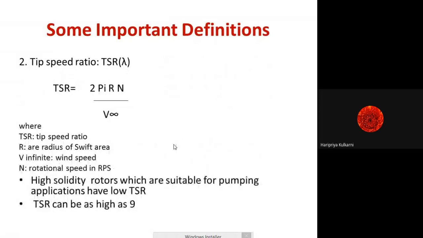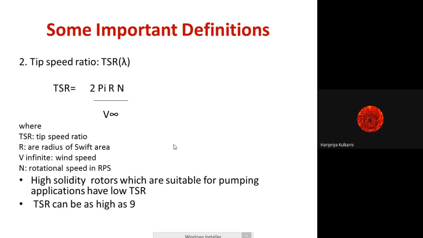Now the second definition is the tip speed ratio, TSR, which is denoted by lambda. It is equal to 2πRn upon V infinity, where V infinity is the wind speed, whatever wind speed we are getting. So the higher the wind speed, the lower the TSR. Here R is the radius of the swept area, which is decided by the rotor dimensions, and n is the rotational speed in RPS.